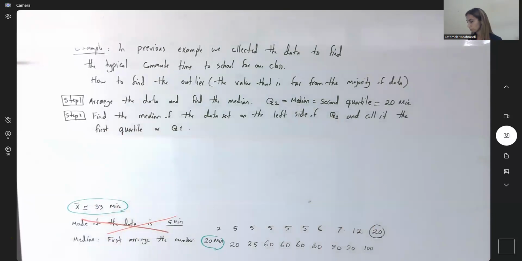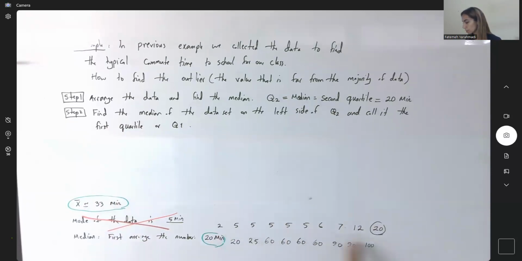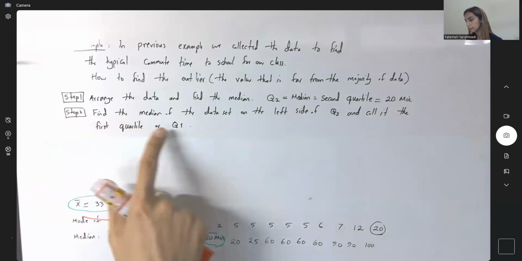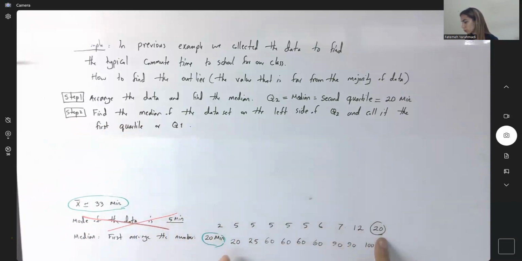So take a look. I already divided up my data from smallest to largest, and I know 20 minutes is my median, am I right? So it says, in the second step, find the median of the data set on the left side of Q2. Q2 is 20. My goal is to find Q1, which is the median of the data on the left-hand side.